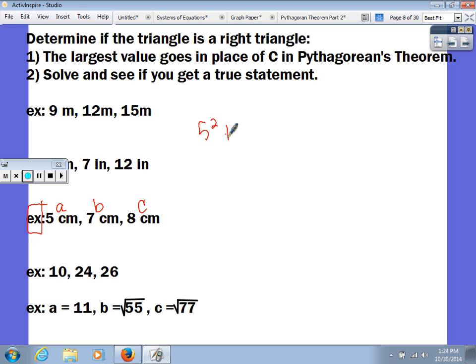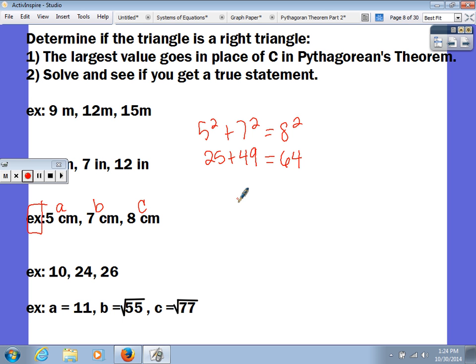So you would have 5 squared plus 7 squared equals 8 squared. If this is a right triangle, the sum of A and B should equal my C. If it does, it's right. If it doesn't, it's not a right triangle. So 5 squared is 25, 7 squared is 49, equals 8 squared is 64.